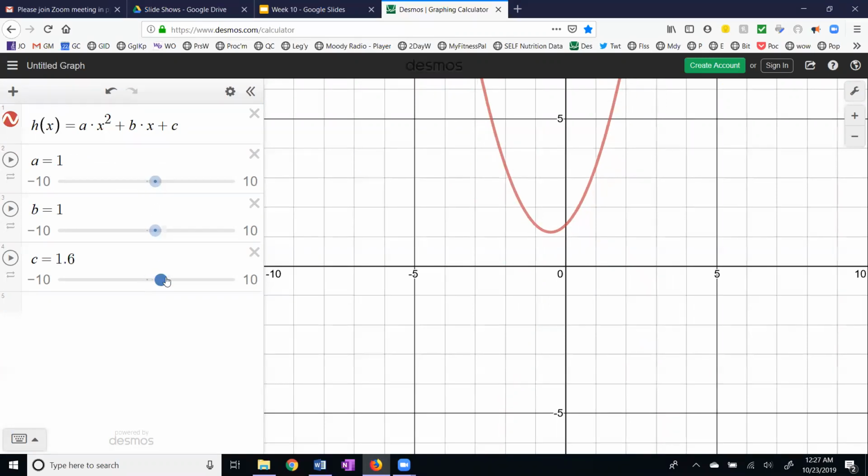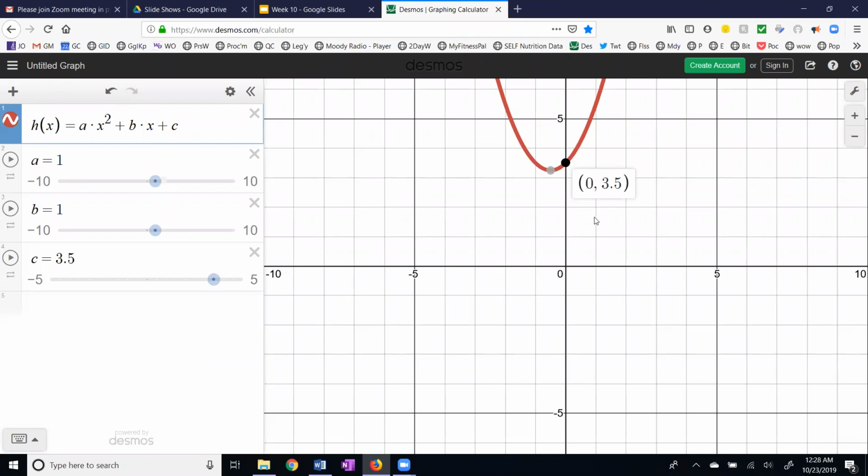The c value is going to affect the y-intercept. So here we can see that we have 1x squared plus 1x plus 3.5. C is 3.5, and that is the y-intercept.